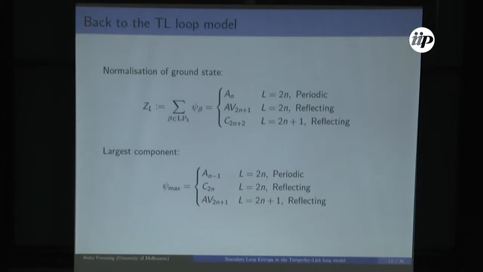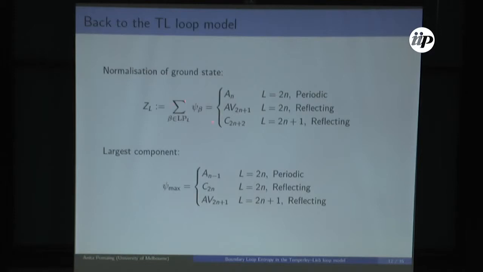The other thing about the combinatorics of the ground state of the Temperley-Lieb loop model is that when you normalize the ground state so that the smallest entry is 1, you have to keep track of how you've normalized it. So this Z_L is the sum of all of the entries. So this is the normalization.